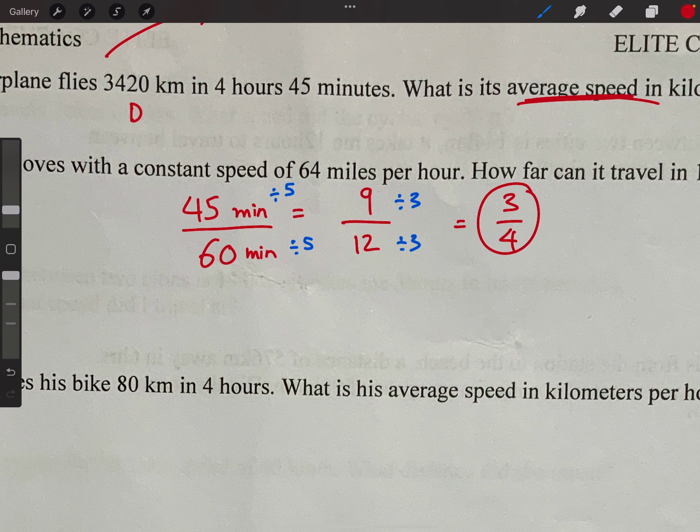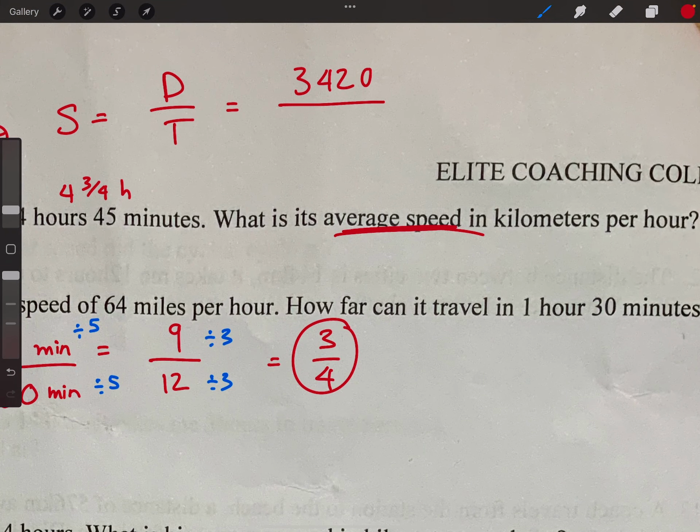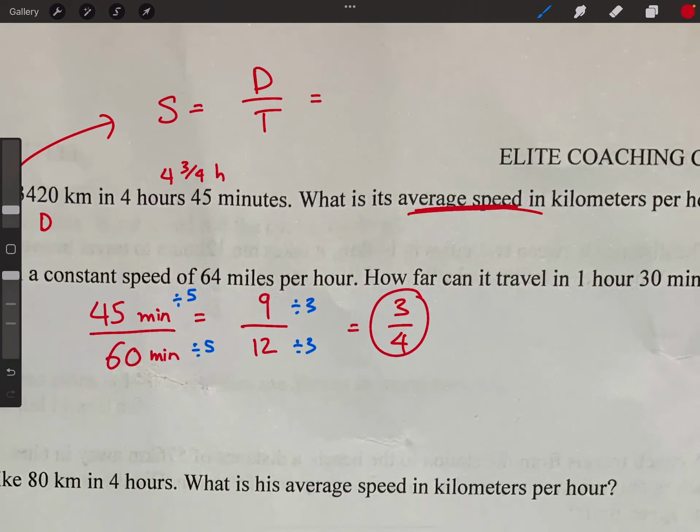This is 3 quarters. 45 minutes is 3 quarters. So this is 4 and 3 quarters of an hour. So that means you have to divide this. Let me just write this here. What's the number again?